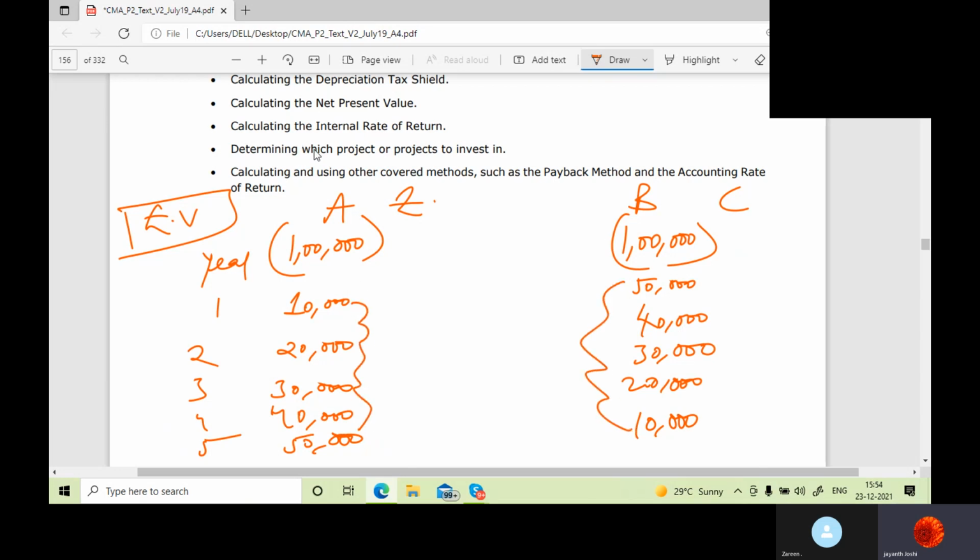Definitely, if anyone sees a project, he would say this looks more naturalistic, more often seen in a project. In the sense, any project when you start, the first year cash flows would not be a very high amount.